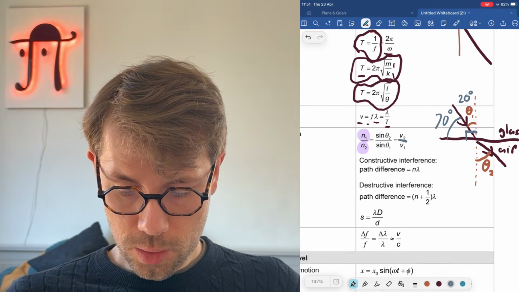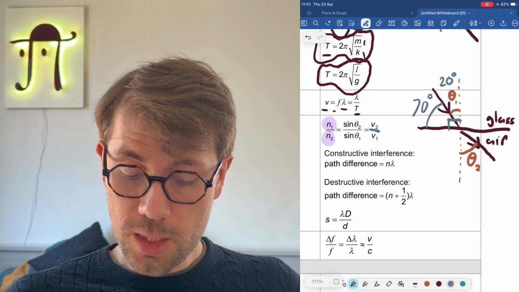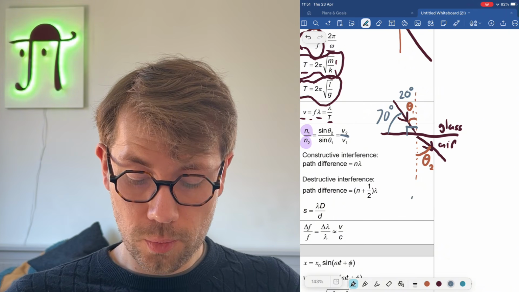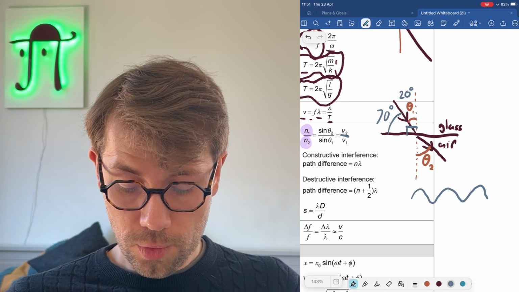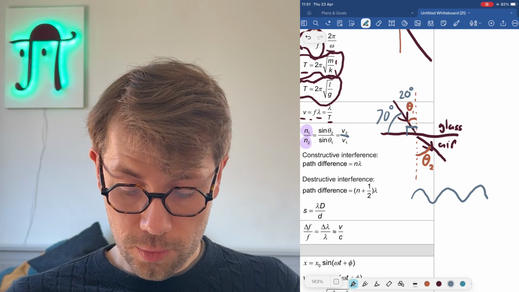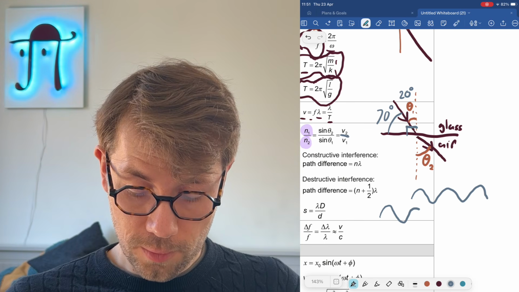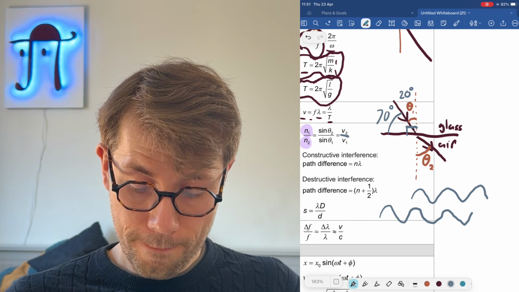Right. Continuing on, we've got constructive interference and destructive interference. This is what happens when waves are in phase or out of phase. So if I draw this wave here, and then I draw another wave which actually has a path difference of one wavelength, so basically it's just one wavelength longer.